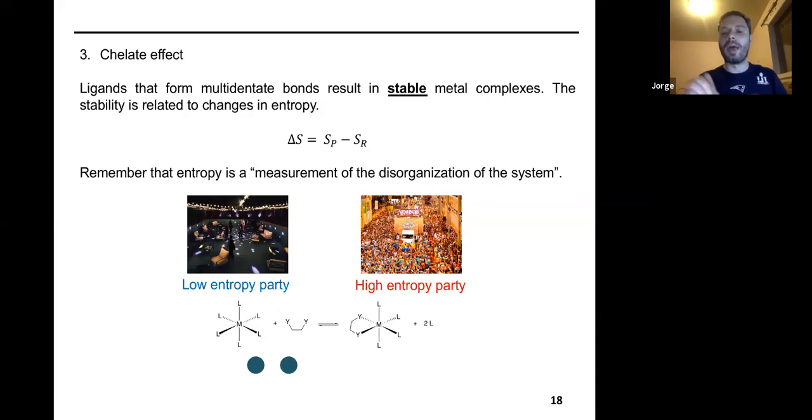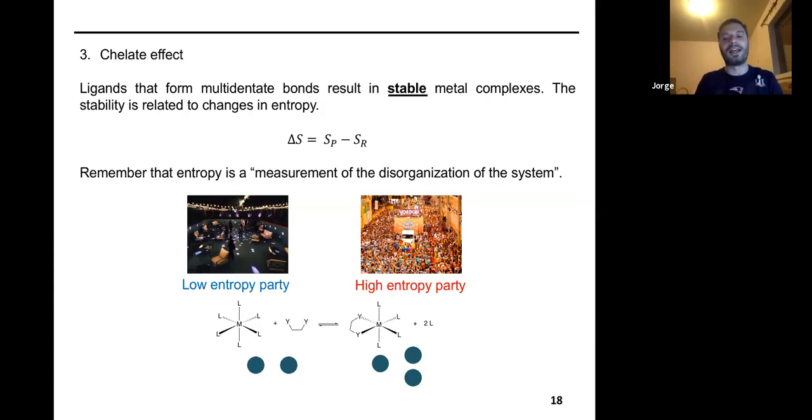Now, at the end, we have 1 person here and 2 people here. So that's a total of 3 people. So as we can see here, we have at the beginning a party of 2 and at the end a party of 3.